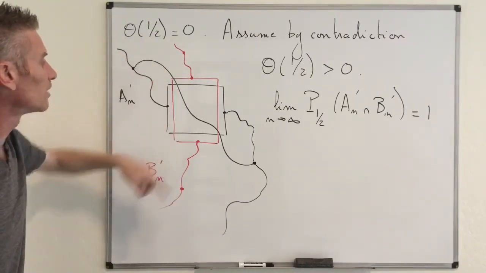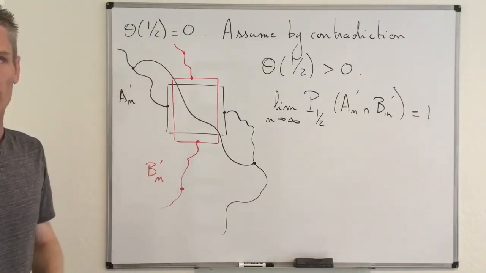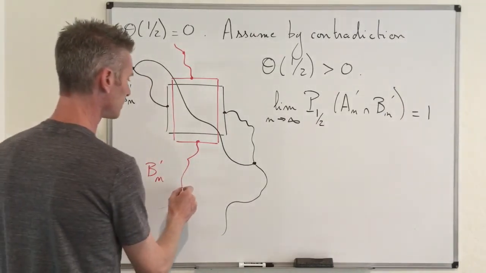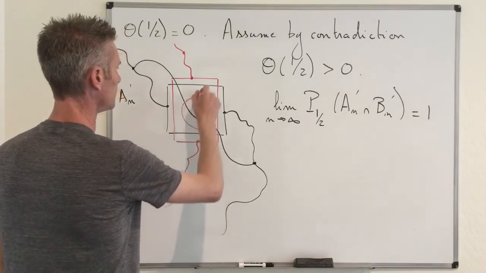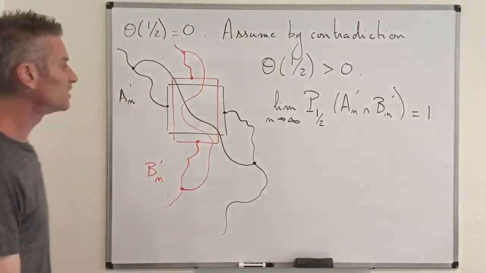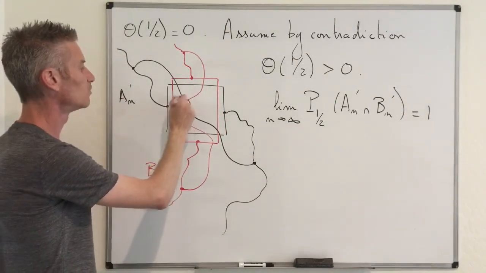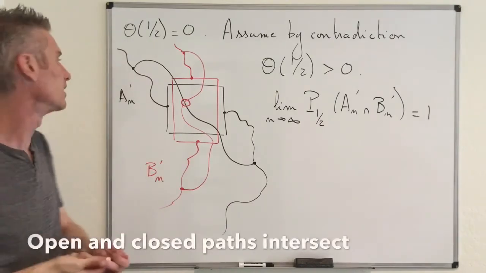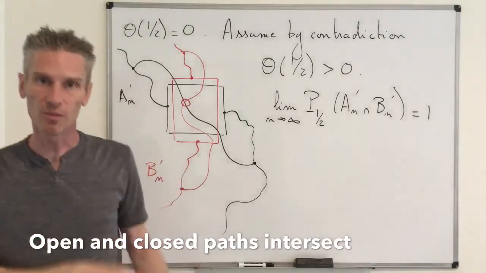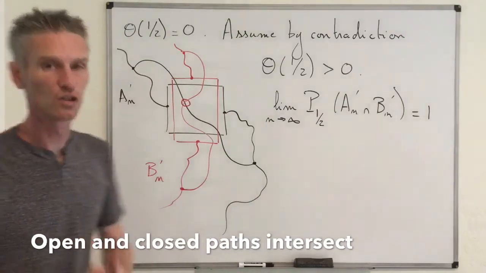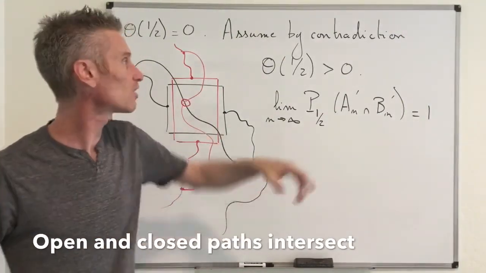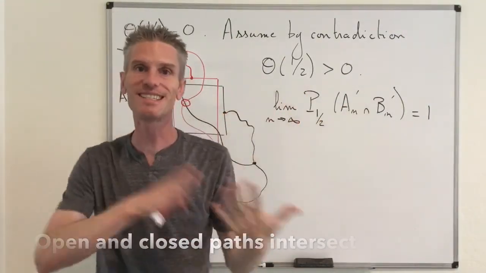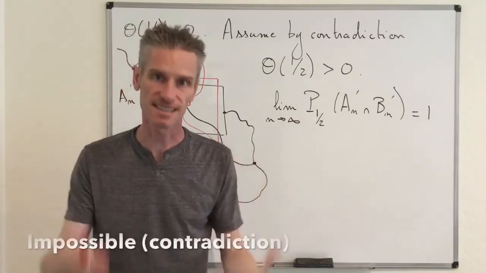So the only way to connect them is to cross the black path somewhere. So we must have something like this. And then here we end up again with an intersection between a black open path and a red closed path. Again, by construction of our coupling, we said that's not possible.